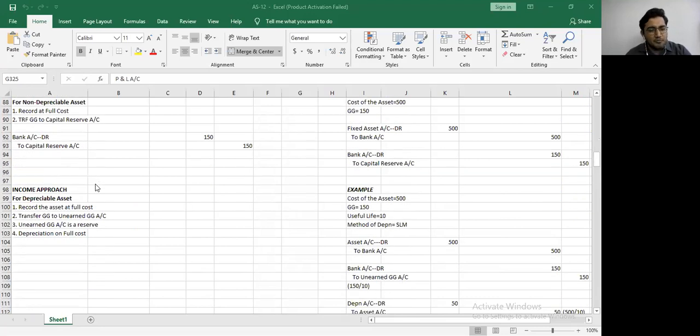Then, in the income approach for a depreciable asset, we recorded the asset at full cost. We transferred the government grant to a separate account known as the unearned government grant account. This unearned government grant account is nothing but your reserve, and depreciation will be charged on the full cost this time. However, you will take transfers from unearned government grant account to the profit and loss account in the ratio of useful life.